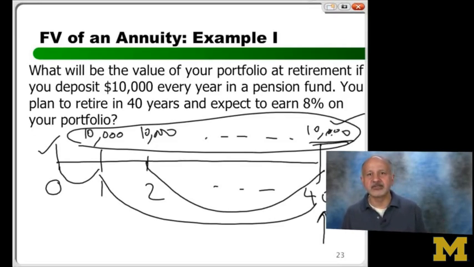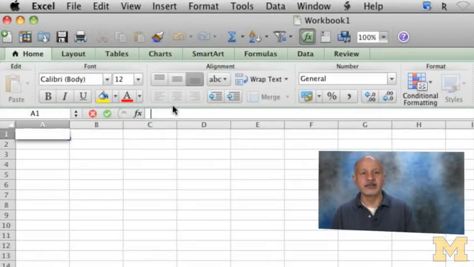So what I'm going to do now is shift to using a calculator. Okay, if you notice, I'm on the top panel and I'm going to use the formula of PMT.